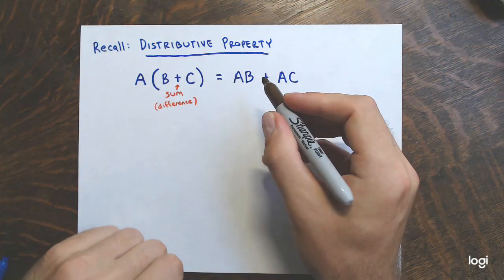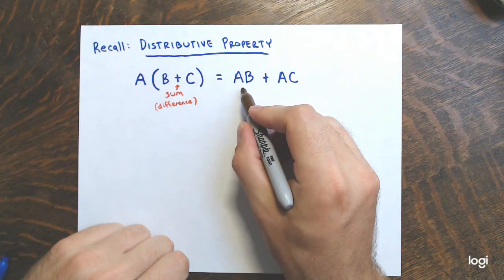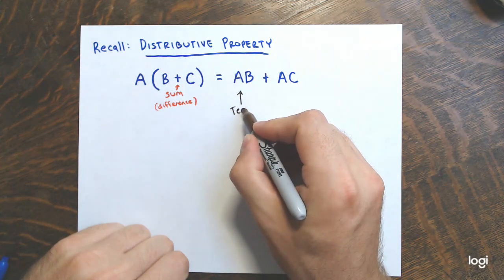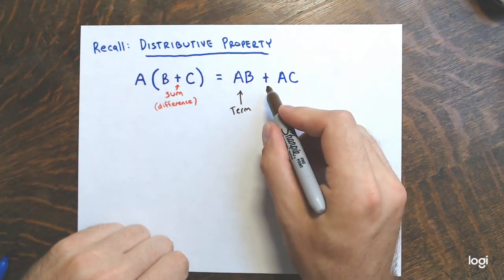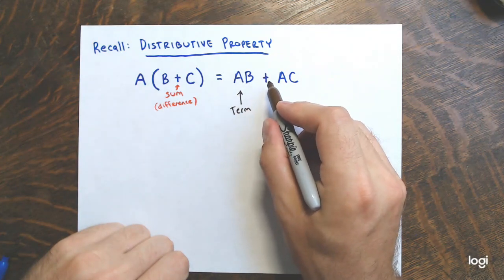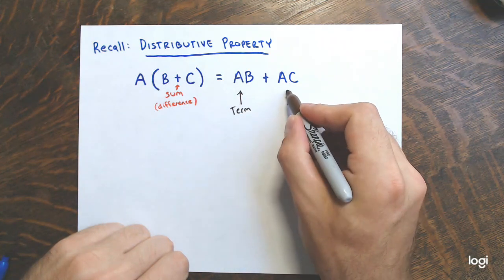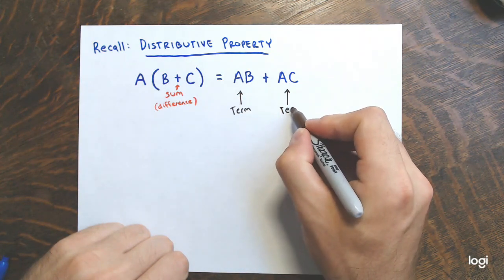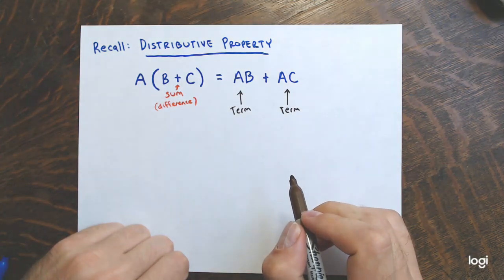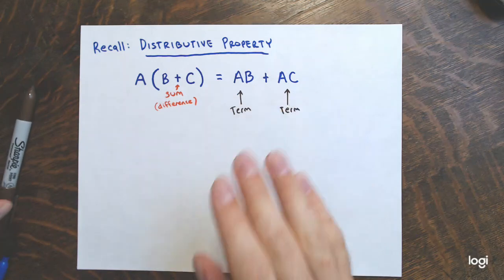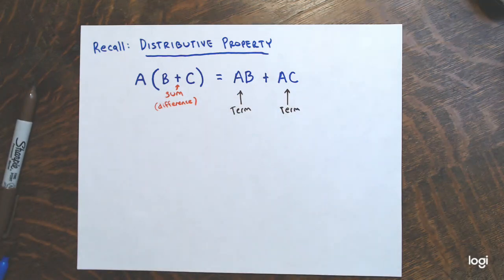And remember, terms are products, so this is a term here with this a times b, and then they're separated by a plus sign. So this is a term, plus, and then this is another term, another product. And what you looked at was each term and looked for what was a common factor, what was a common part of each product.